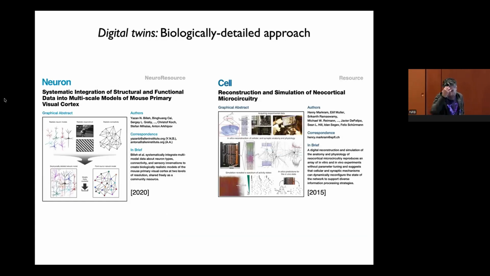To highlight that, lots of people have worked on this biologically detailed approach. I'll just show you a couple of papers, and then I'll emphasize their key failure point. This is a nice piece of work from the Allen Institute for Brain Science, which I'll talk about more in a minute, applying this idea to visual cortex.